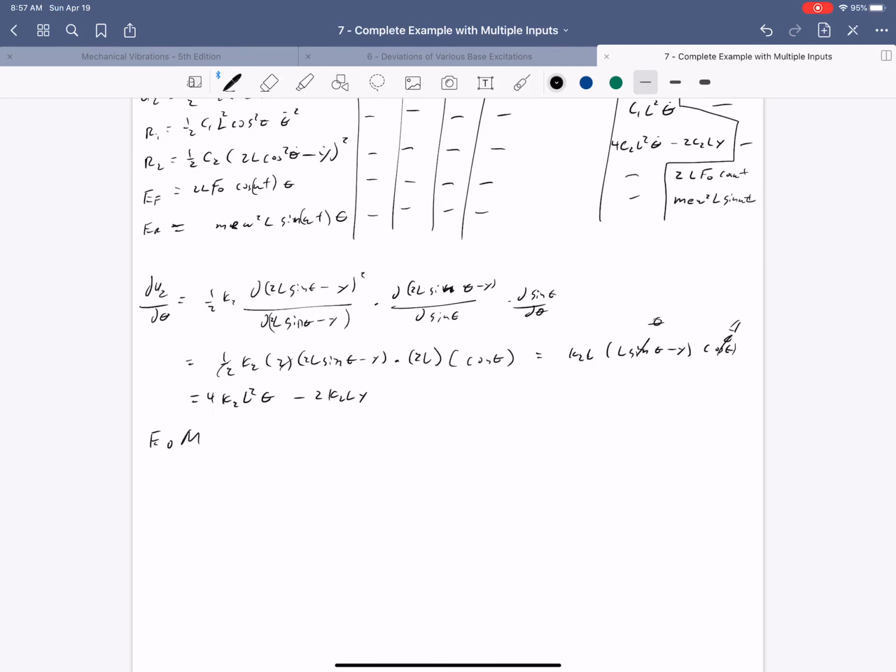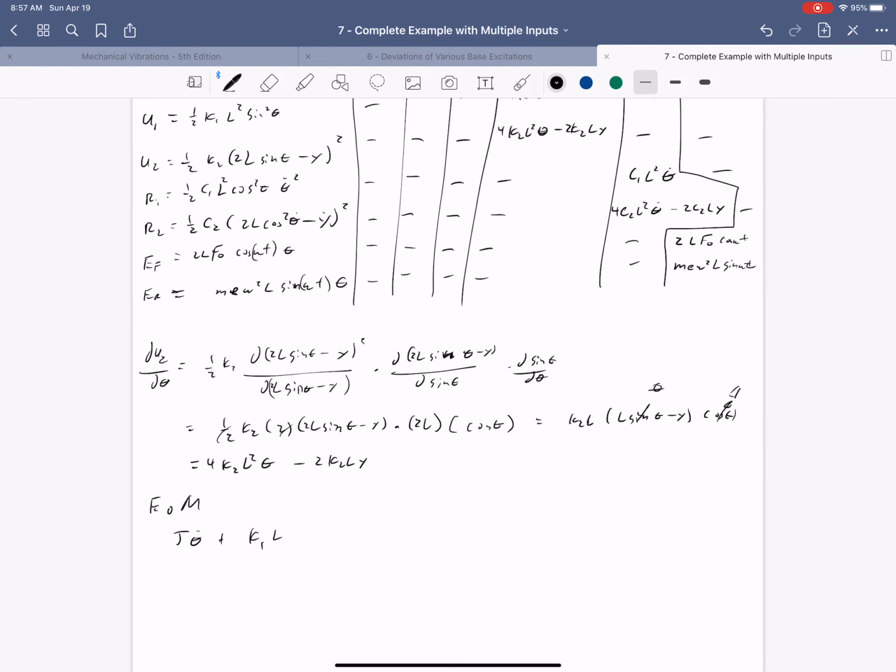Equations of motion is Jθ double dot plus K1 L squared θ plus 4K2 L squared θ minus 2K2 L y plus C1 L squared θ dot plus 4C2 L squared θ dot minus 2C2 L y equals, now these non-conservative forces over here, we're going to put them just right on the other side.